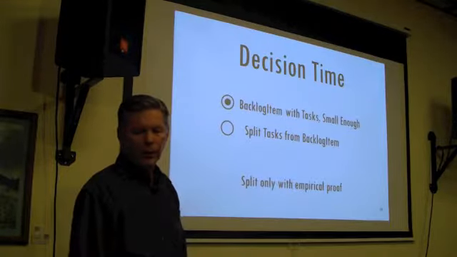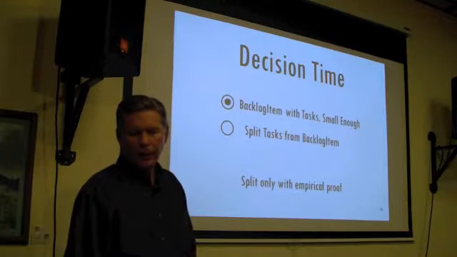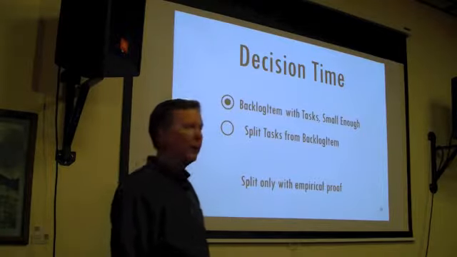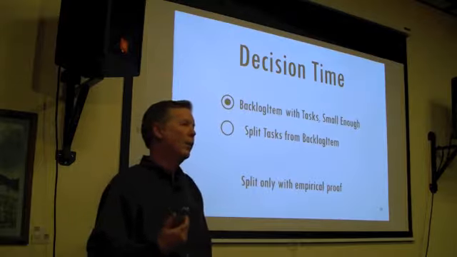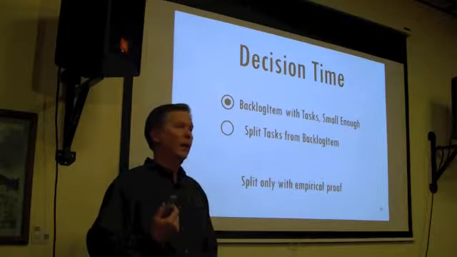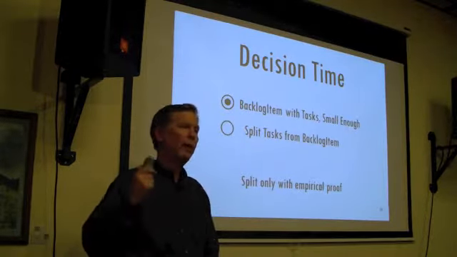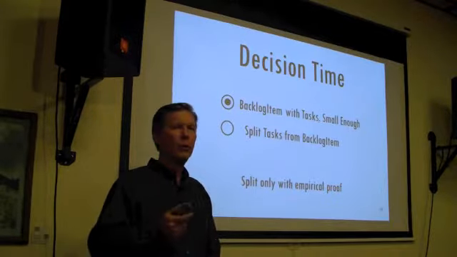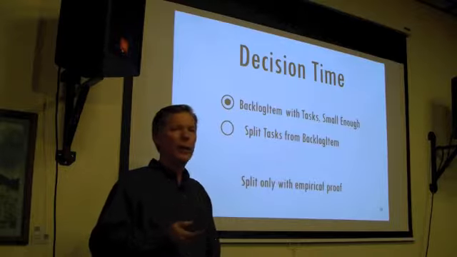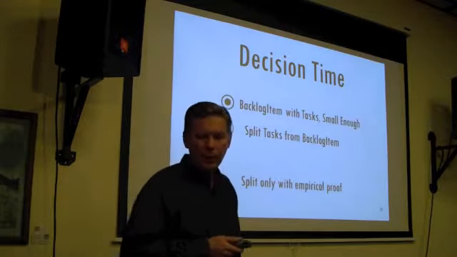But they're going to go for a safer approach right now. So they'll split the tasks from the backlog item only with empirical data. They have to have it proven to them that it is a problem, right? They're not going to optimize further unless they know that they absolutely have to.